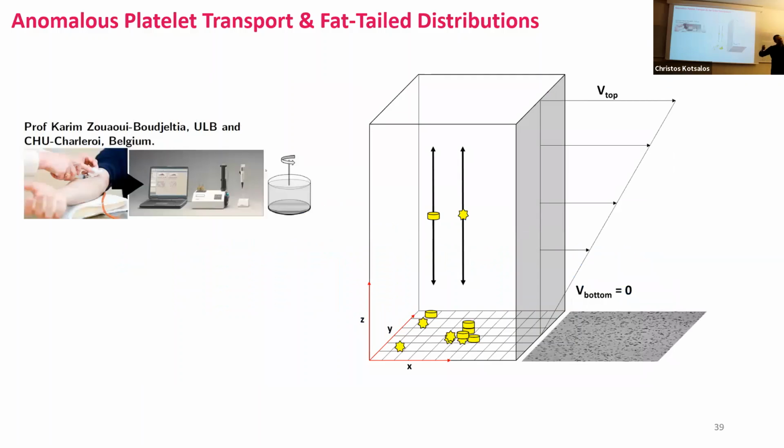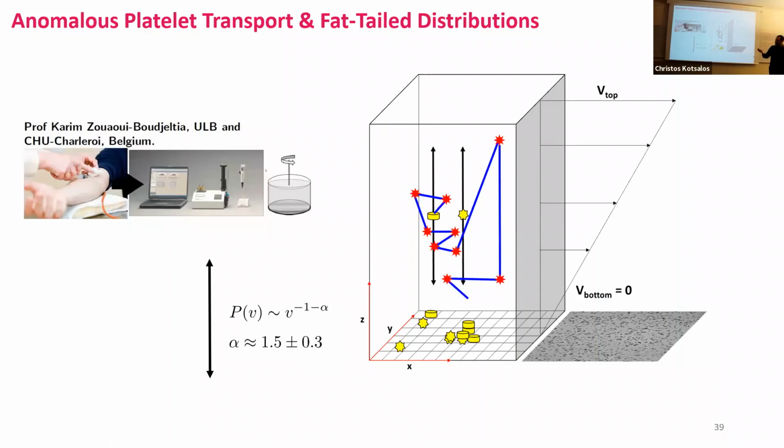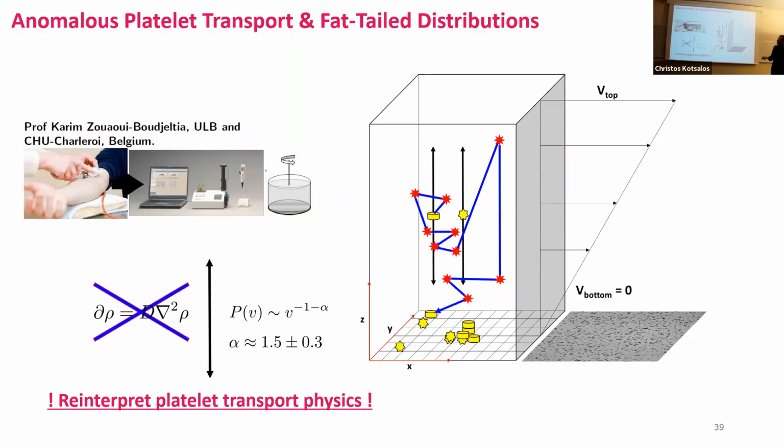Then we went back to this simplified model that Bastian developed back in 2017. And we said, okay, instead of a diffusion process, we can use here a random walk. But the random walk now will follow a Levy flight, this power law distribution with alpha 1.5 plus or minus 0.3. So now we have a platelet following this random walk with these extreme events. We don't have a diffusion process.